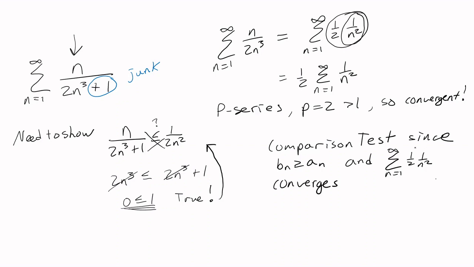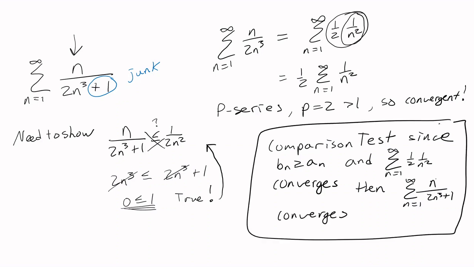So remember, this is our b sub n here, this series of b sub n. Since that converges, then my original must also converge. And we got it. Boom. So there you go.